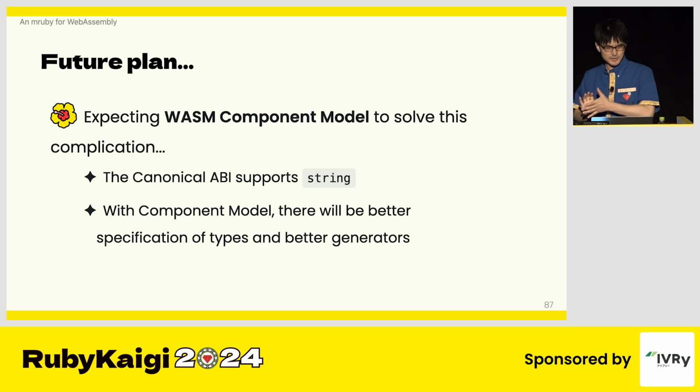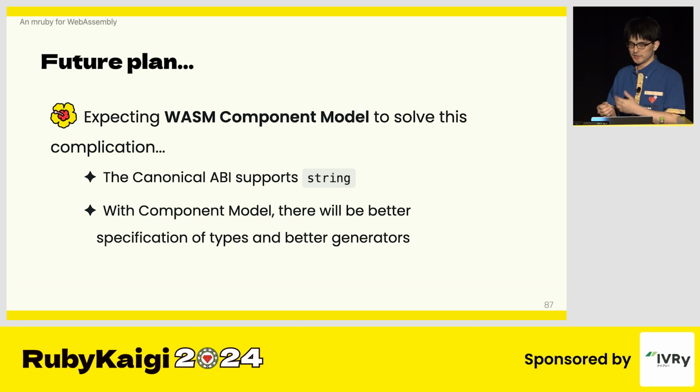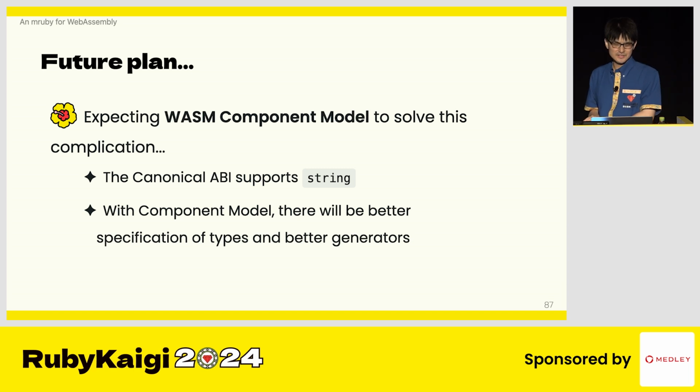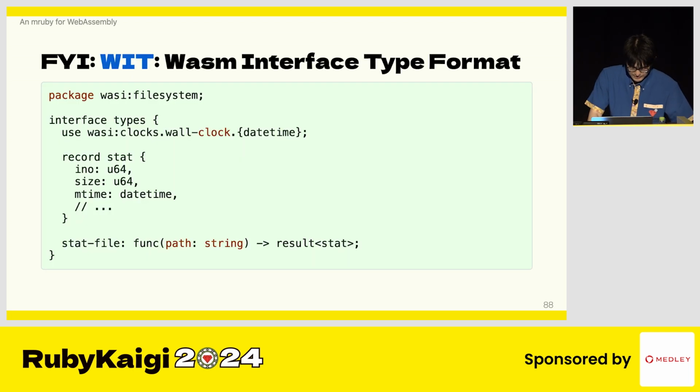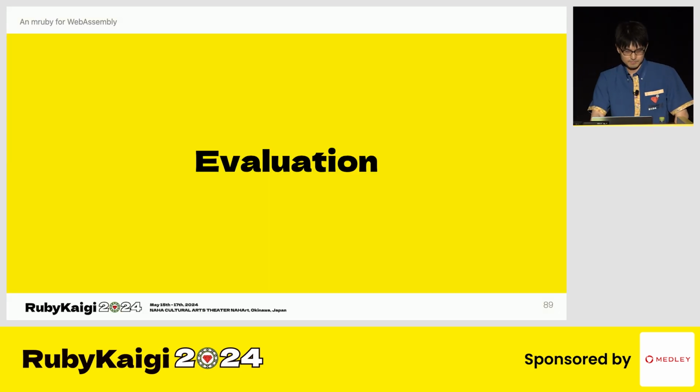So I expect the WASM component model to solve this. The API supports strings. This will be a better specification. I hope better generators will appear. Right. So for your information, this is a new WASM interface type format.